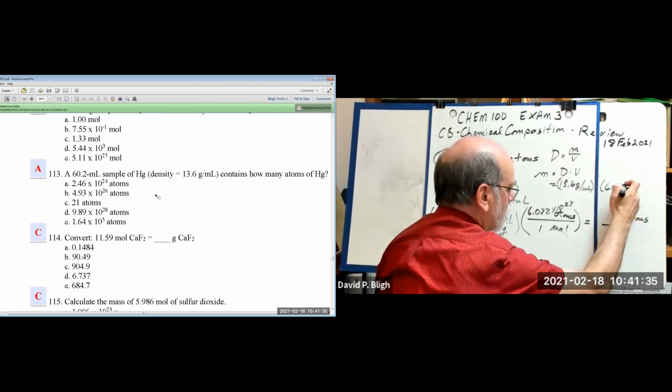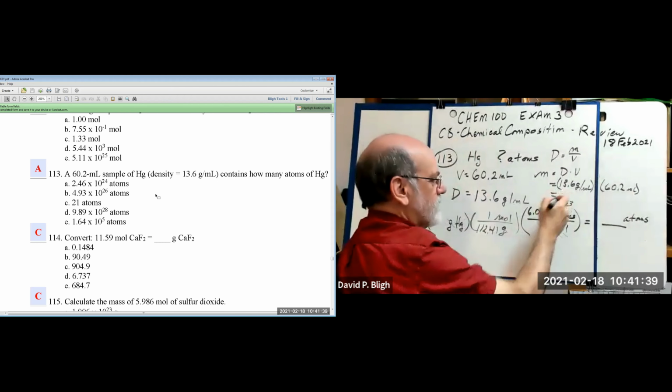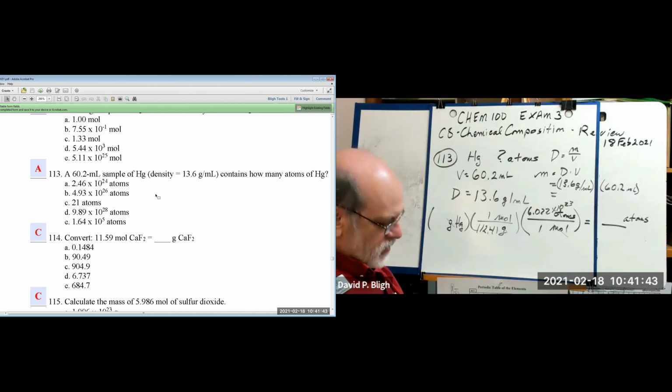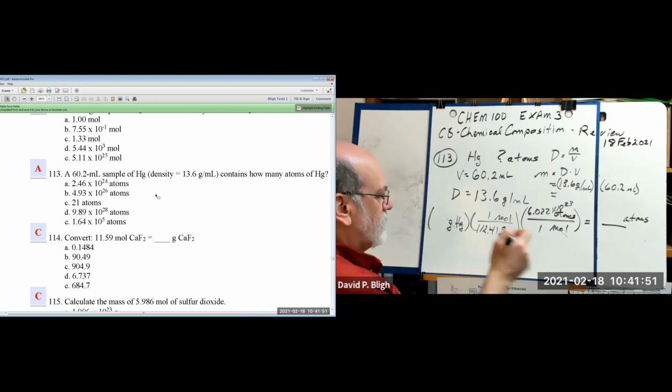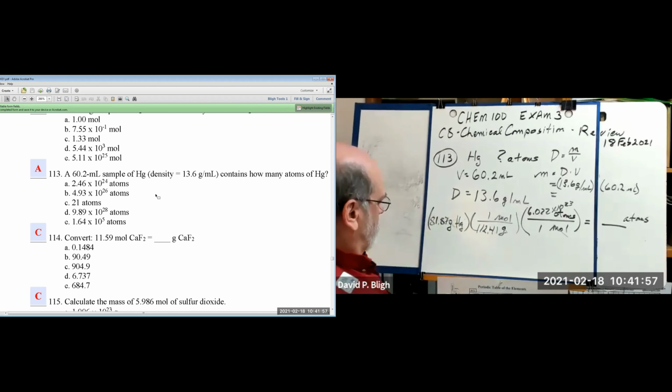Okay. Now we can get grams of mercury. 81.87. We'll just hang on to some decimal points here, remember to eliminate rounding errors.